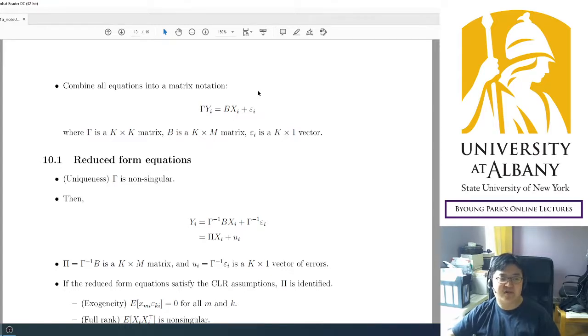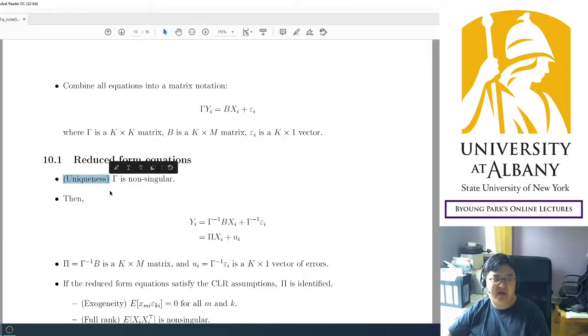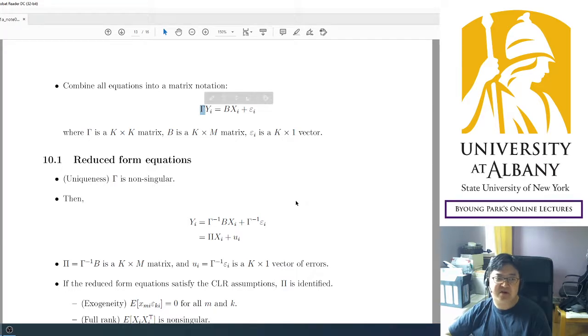Everything is a vector or matrix, so check the dimensions. Okay, this is the structural form. You may impose some restrictions on it, but without the restrictions, let's see what we can do. First, as I said, we need to assume that the equilibrium is unique, which means that this matrix must be non-singular, it must be invertible, so that y defined in this way is unique.